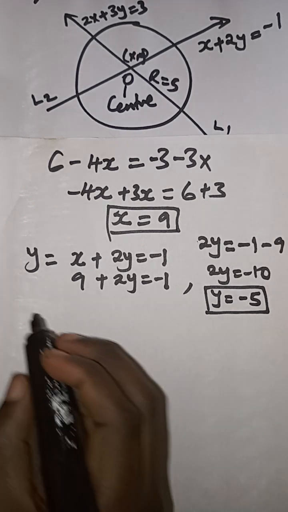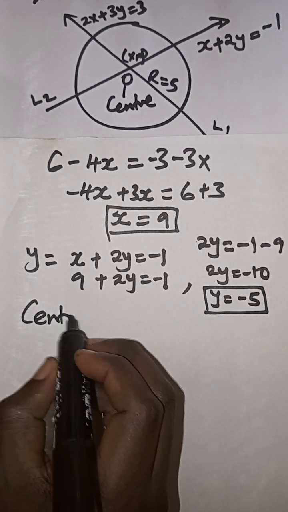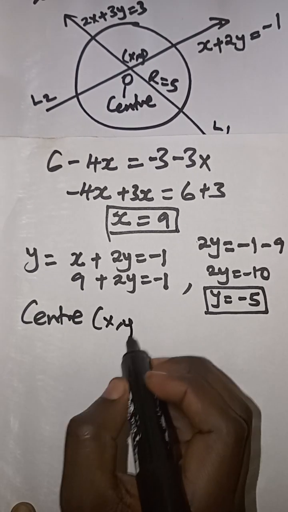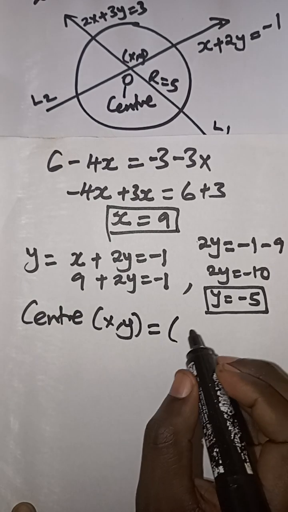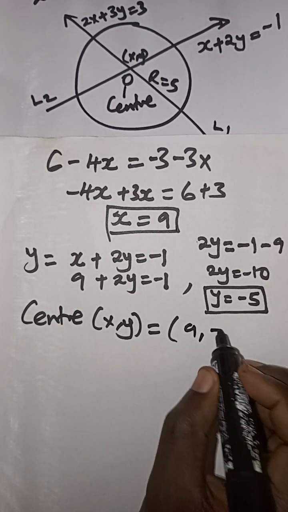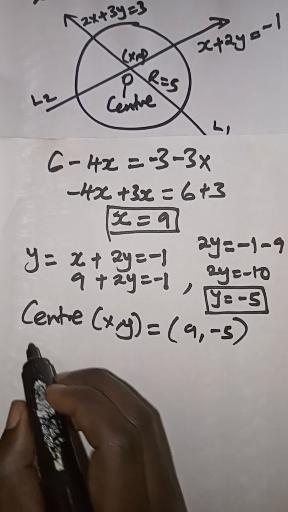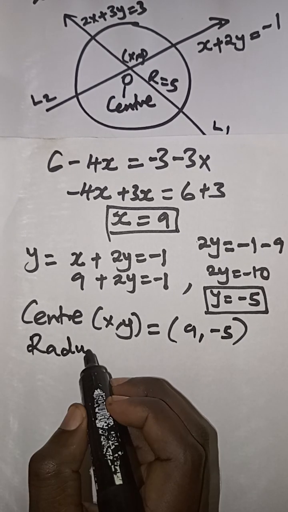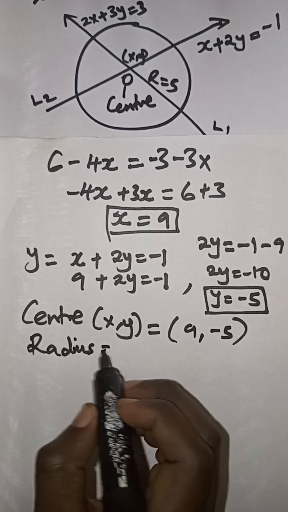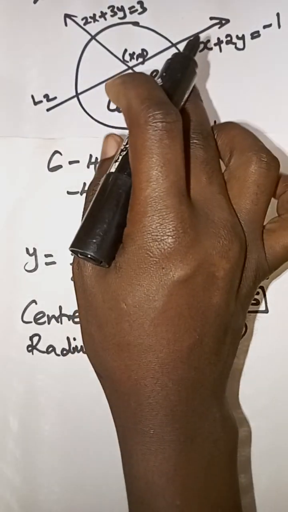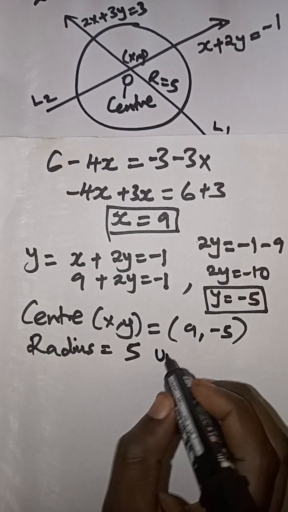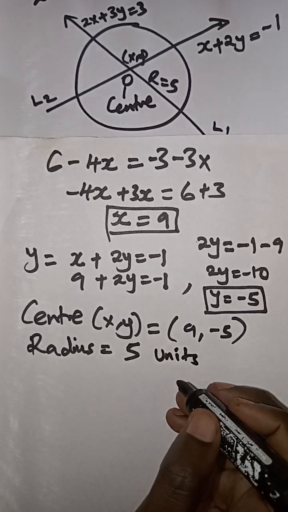So I've managed to find the center in terms of x and y coordinates as (9, -5), and you're given that our radius was 5 from this particular diagram, 5 units.